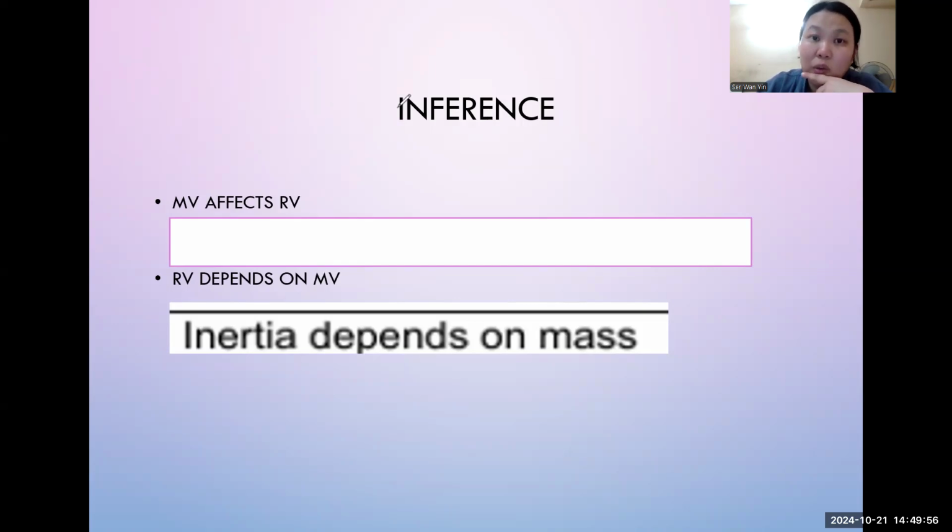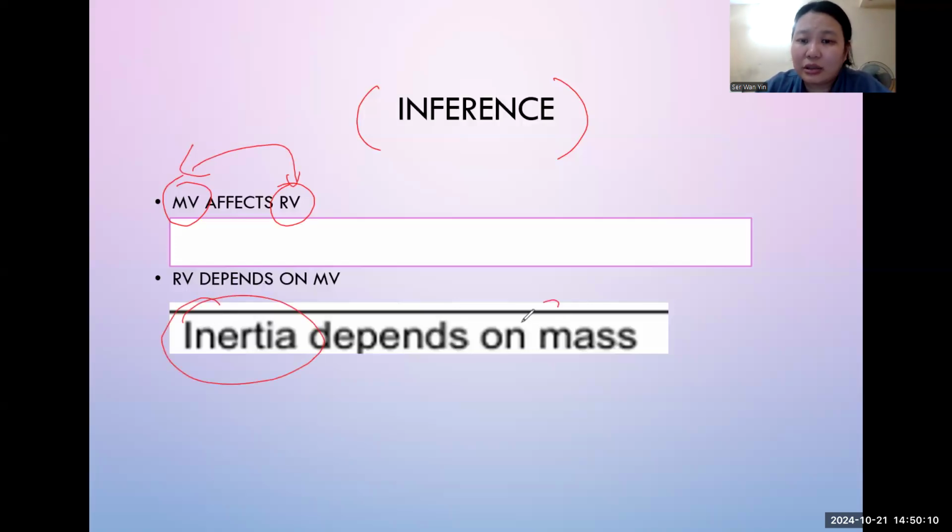Chemistry, biology also, inference. But a little bit different. The format is the same. Just physics is easier. We say inertia depends on mass, 2 terms only. But biology is a little bit longer. But the format is the same.